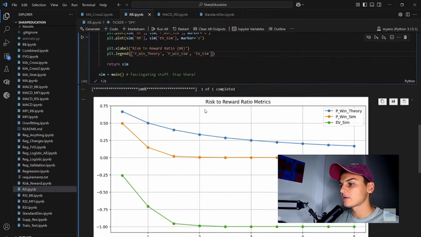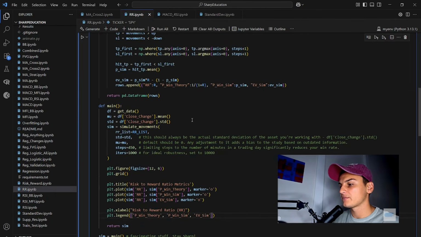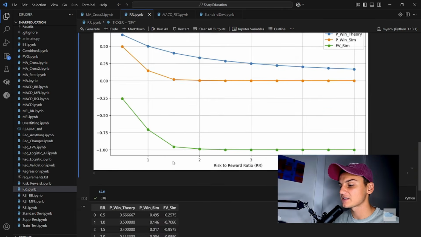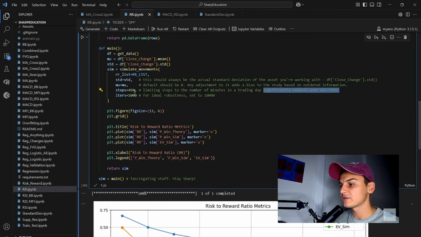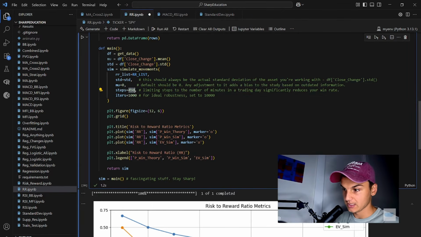By keeping our time period to 450 minutes, this will significantly reduce your win rate because it's giving us less time to encounter our stop loss or take profit given the random variance that occurs in the markets. Stocks go up and down in a non-predictable manner. So what provides an advantage is 2 things: setting this mu not to be 0 and setting your holding period to be longer.